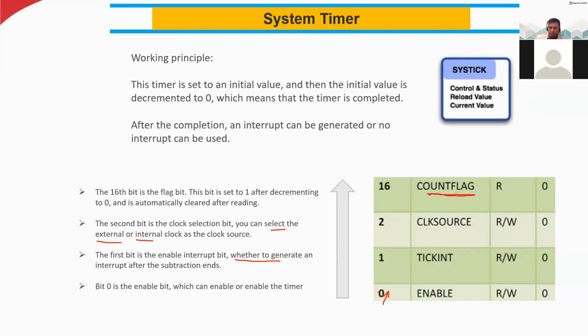If you keep this enable bit as 0, then the interrupt is disabled. If I make this bit 1, then I enable the interrupt. It means whenever the interrupt comes, the CPU will start to process it. It will halt the main program, process the interrupt, and then jump back to the main program again.